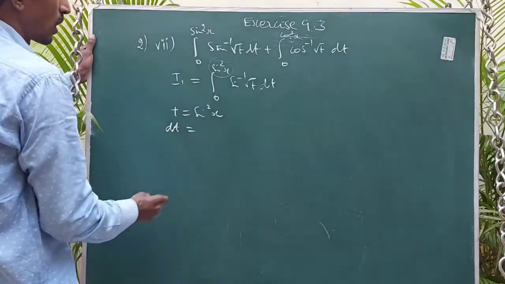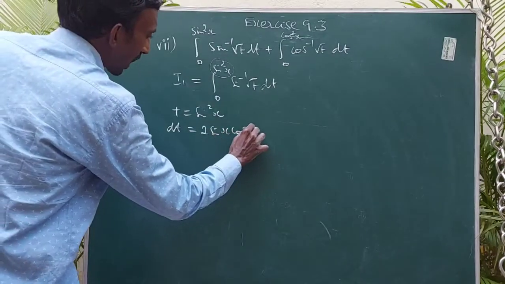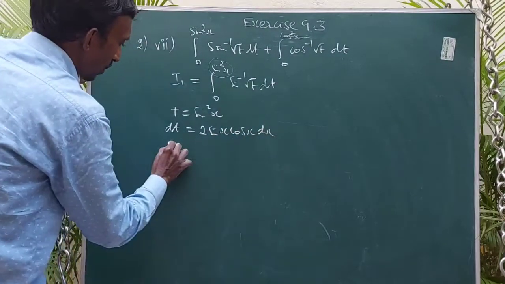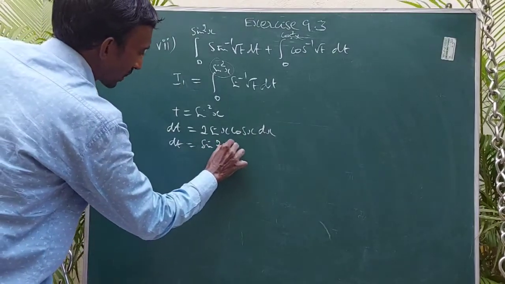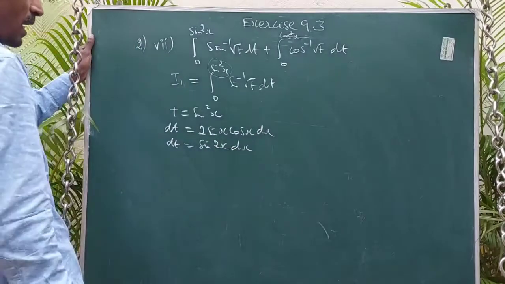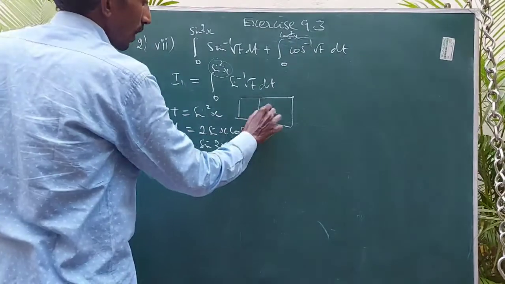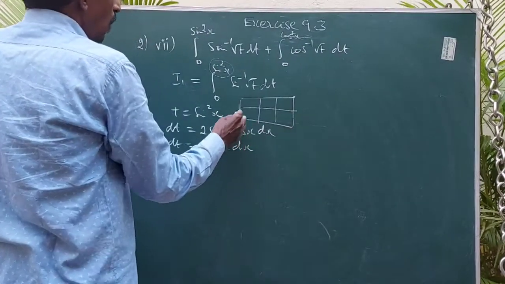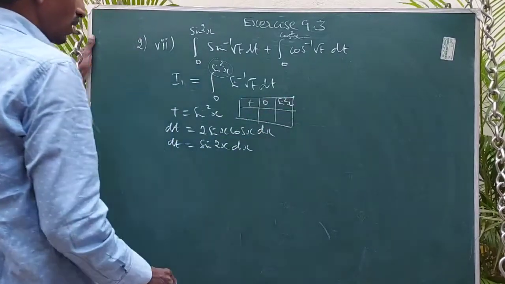So dt equals 2 sin x into cos x dx, so dt equals sin 2x dx. Again, change of variable leads to change of limits. So t varies from 0 to sin square x.